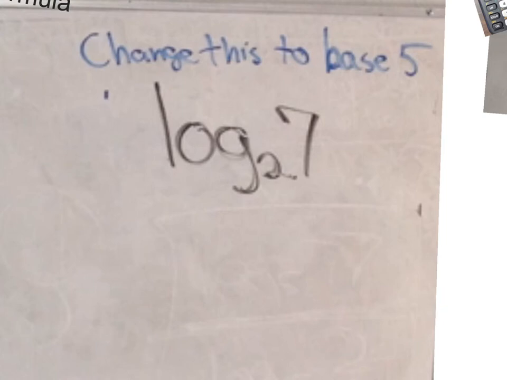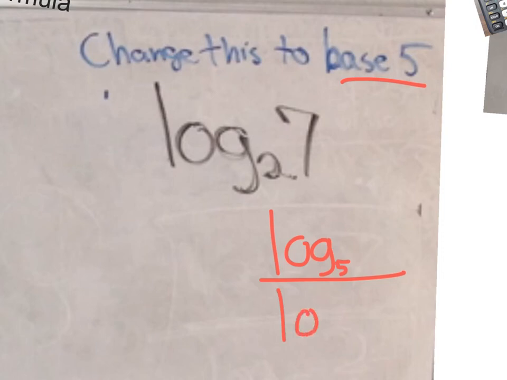You're not going to use common log because ln is not base 5, and common log is not base 5. We want base 5. So when you're using the formula, put the division bar, change it to the log base of your choice, and in this case they want log base 5, and again it's going to be over the same type of log, base 5, okay?